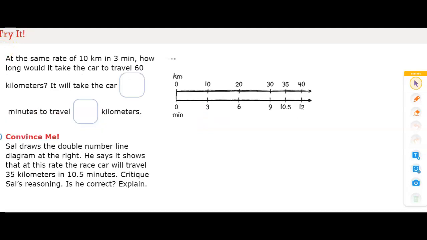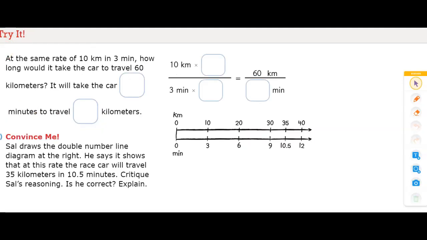At the same rate of 10 kilometers in 3 minutes, how long would it take the car to travel 60 kilometers? It will take the car blank minutes to travel blank kilometers. So we think again to ourselves, what do we need to multiply to equal the 60?